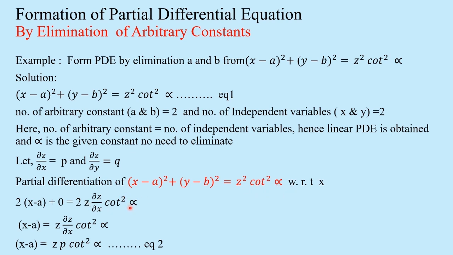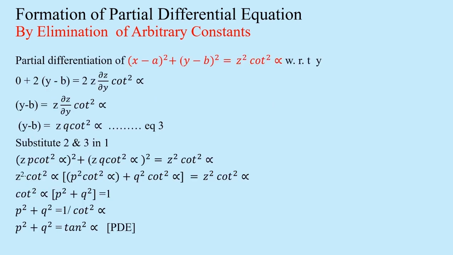Differentiation of z is dou z by dou x, and this is a constant, so we'll just keep it as cot square alpha. Simplifying this, this and this will get cancelled. X minus a is equal to z dou z by dou x cot square alpha. In dou z by dou x we can put p, and we'll name this equation 2.